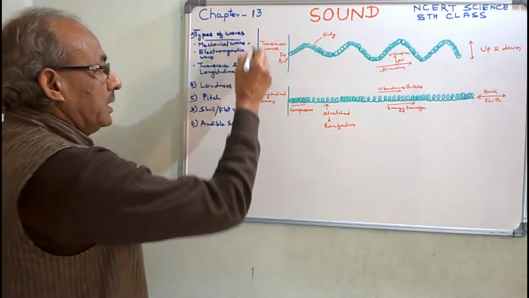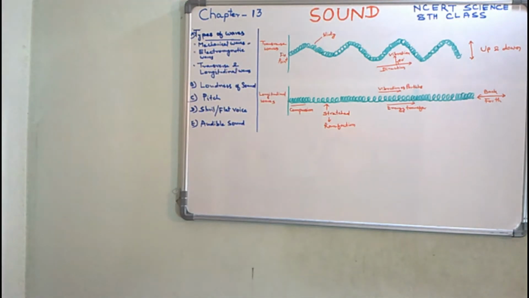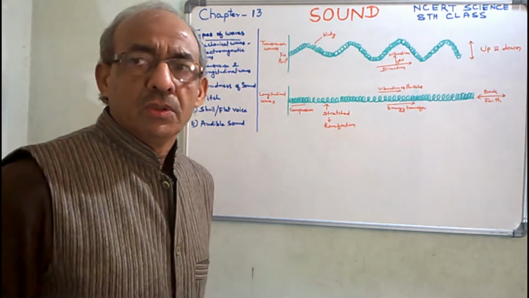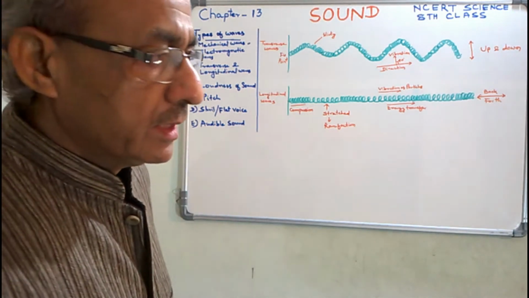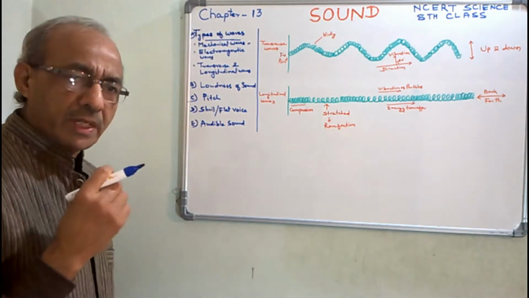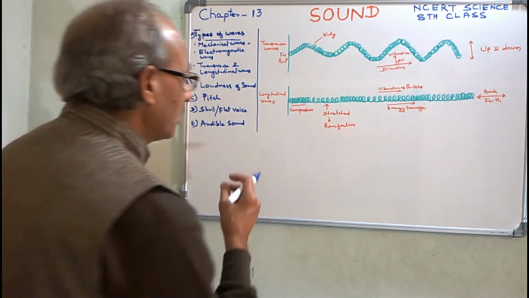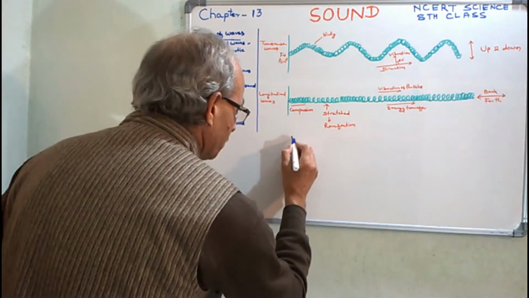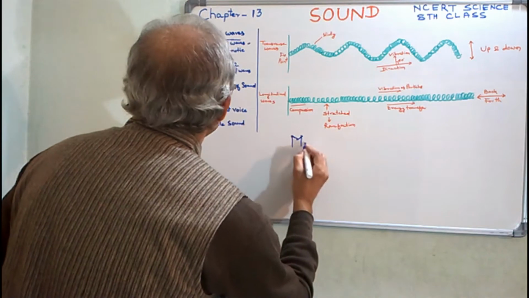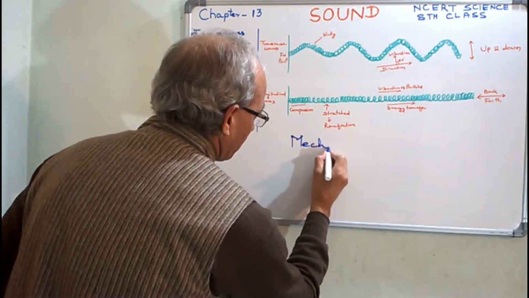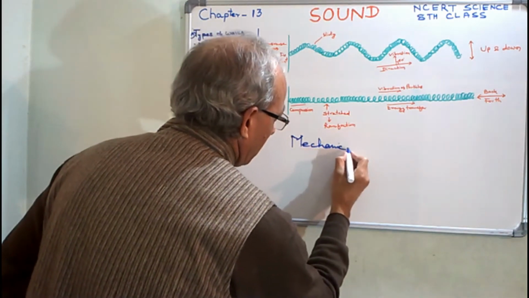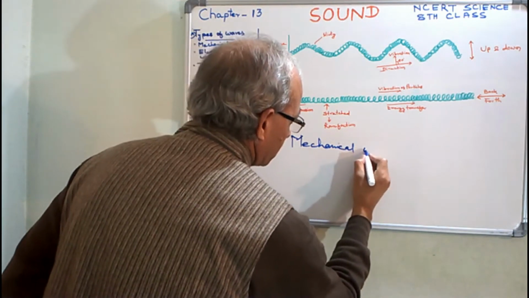So here, one main property of waves we should know is that as they are produced by certain mechanical efforts, they are called mechanical waves. This is one of the types.